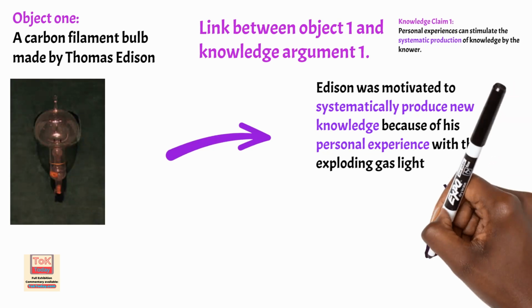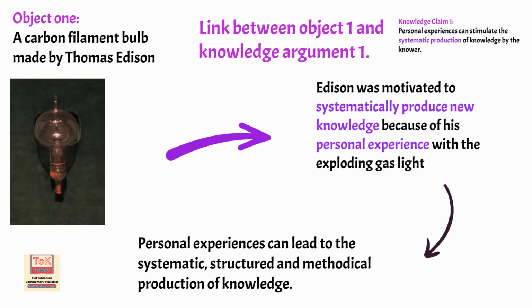And this leads us to understand that personal experiences can lead to the systematic, structured, and methodical production of knowledge. The difference here being that personal experiences may not be systematic, structured, and methodical, whereas the production of knowledge is all 3 of those things.